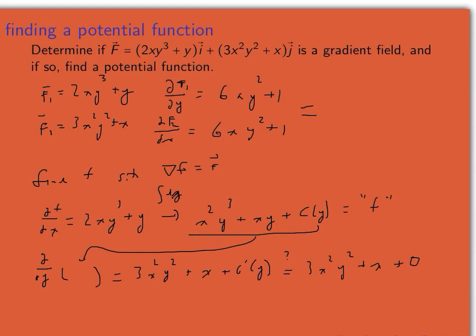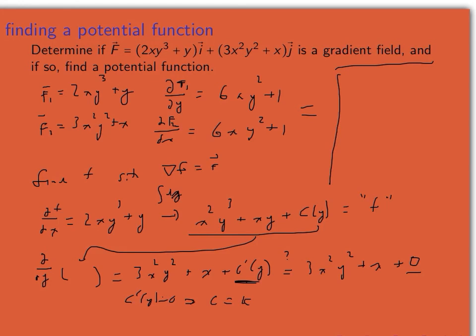Okay, so everything matches up, and then I just need to match up the derivative of the constant bit with just y's to 0. So if c prime of y is 0, that means that the constant from which it came is just some constant k. Okay, so I'm going to try and squeeze the final answer in up here.